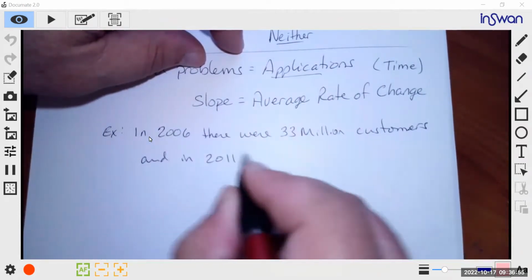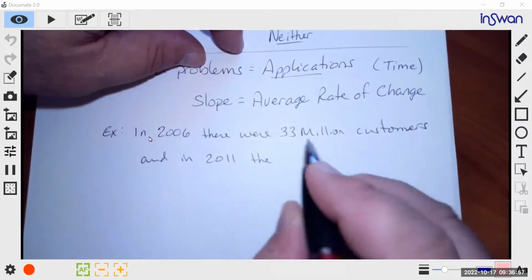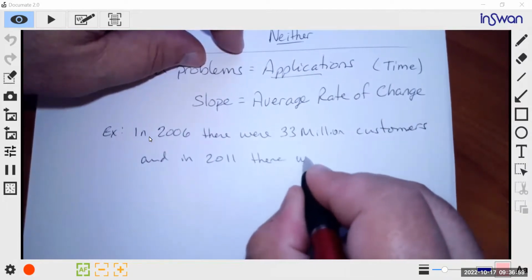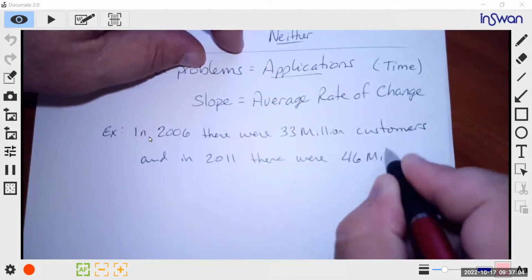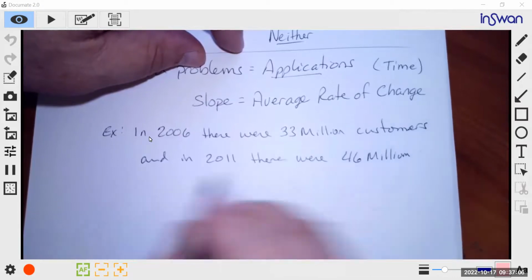And in 2011, there were 46 million customers.